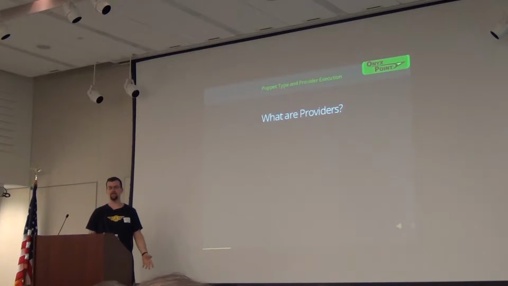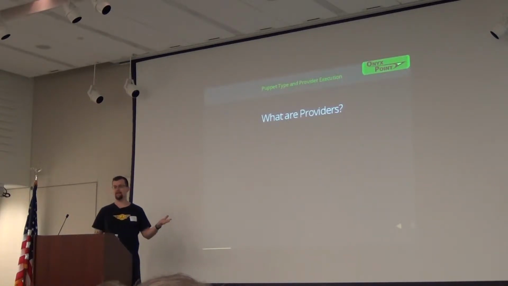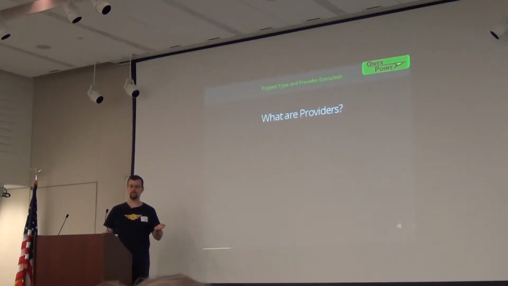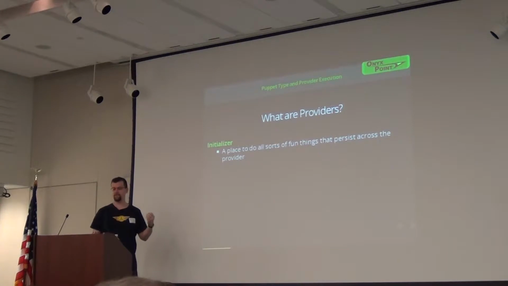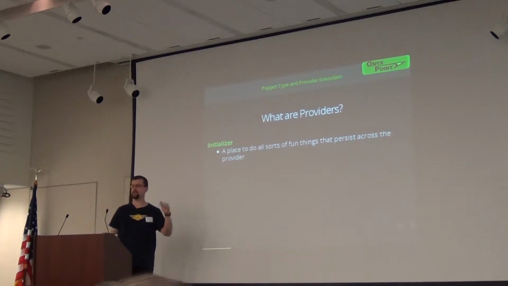So what are providers? That's the types portion. Resources are made up of types and providers. The provider portion is how you actually apply the state to your system. It also has an initializer, which is a place to do anything you want that's going to persist across your entire provider.